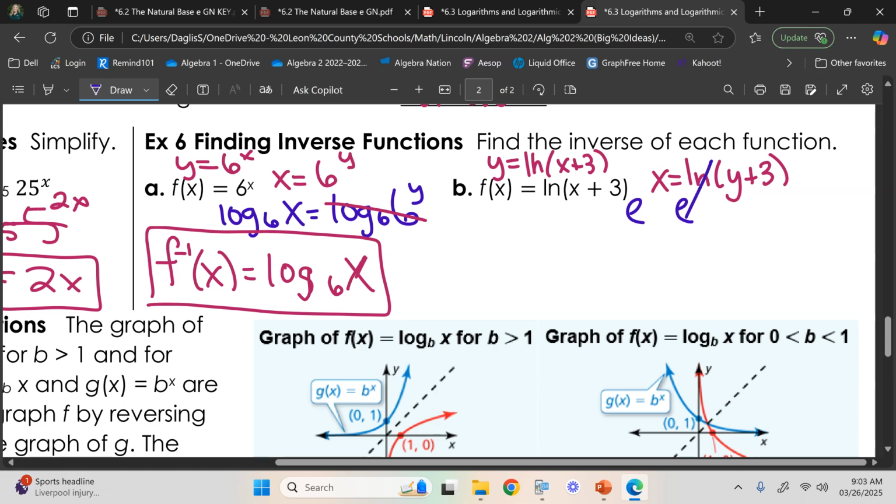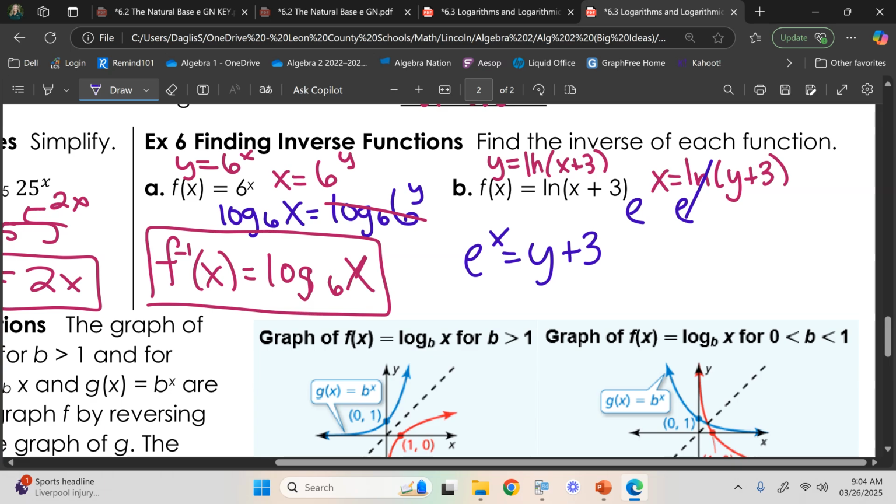So those get to cancel. I have e raised to the x still, and we are equal to y plus 3. So it's no longer an exponent because my natural log and my base got canceled out. This x is still an exponent.